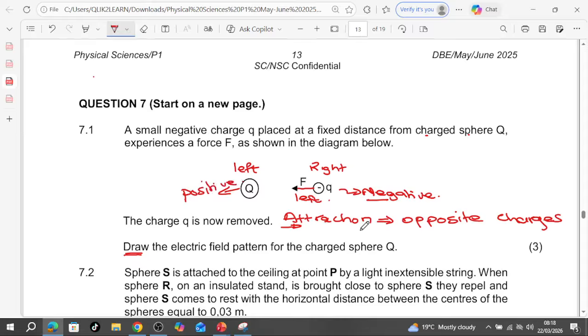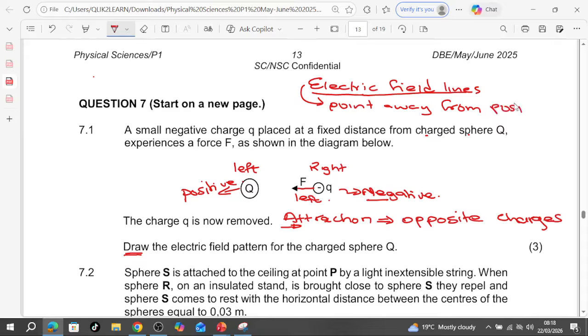Right. So now we're going to use this information to decide the electric field pattern. Remember the electric field lines: they point away from positive charge, and they point towards negative charge.